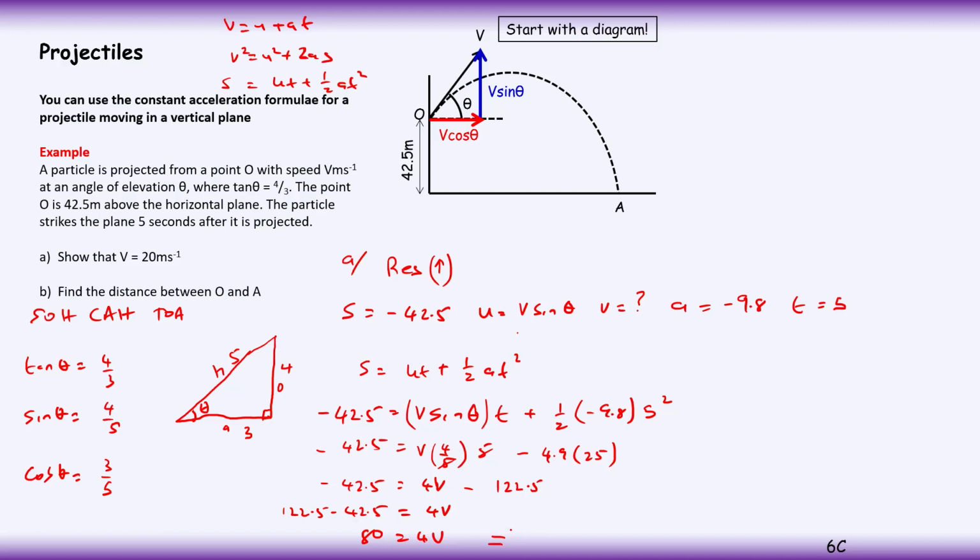So that means that v is going to be equal to 20. Which is exactly what I wanted from the question. Hit pause, make some notes. When you're ready, hit play, and we'll move on to part B.